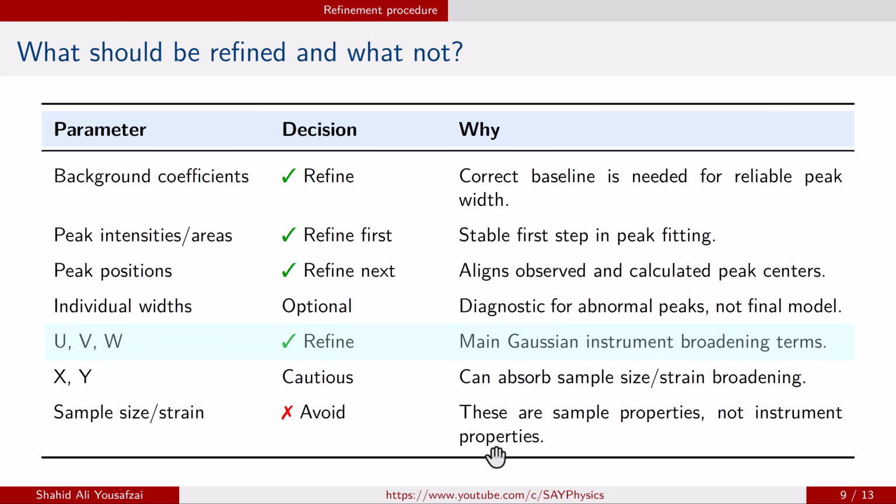The main instrument profile terms are U, V, and W, which describe the Gaussian broadening trend. X and Y should be treated cautiously because they can absorb sample-related Lorentzian broadening such as crystallite size or microstrain. The goal is not to refine everything. The goal is to refine only what helps describe the instrument.